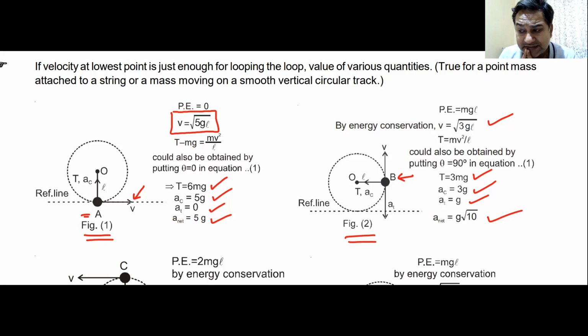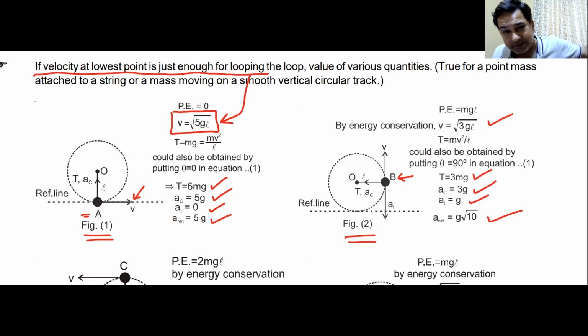I hope everyone is noting it down. These are the cases where the velocity at the lowest point is just enough for looping. Just enough for looping means velocity at the lowest point is root 5gl. What happens at point B, C, and point D? We'll just draw the 4 diagrams to understand what is happening where.